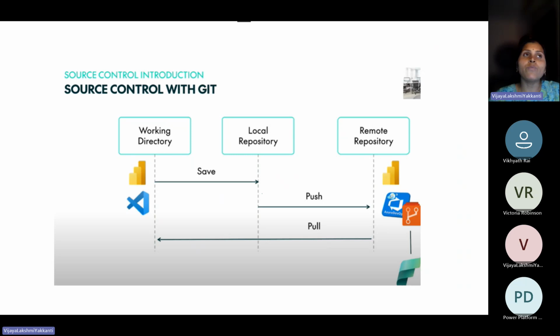If I want to import those changes into my local, we are going to pull those changes into our current working directory. This is how I pull the changes from the remote repository into my local, and then I will start working from that point of time. This is how the local repository and the remote repository work.